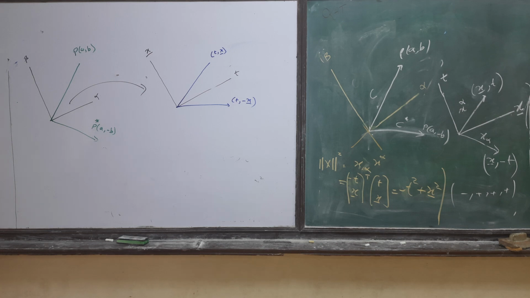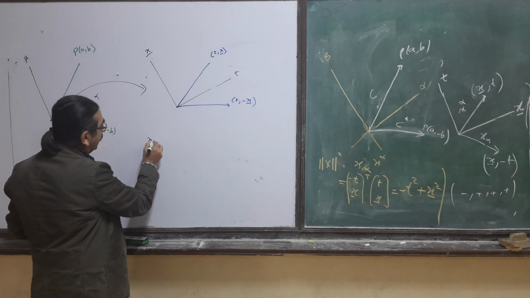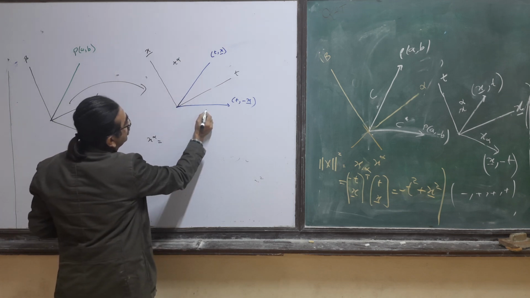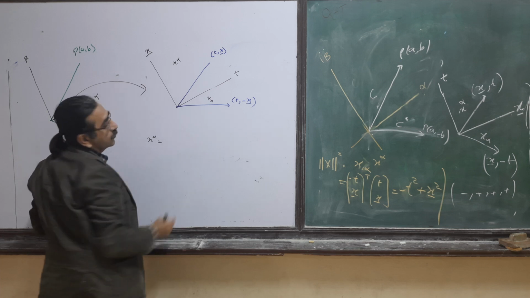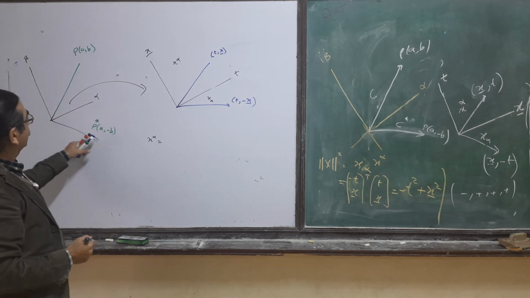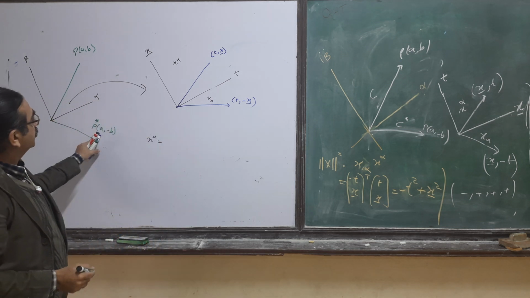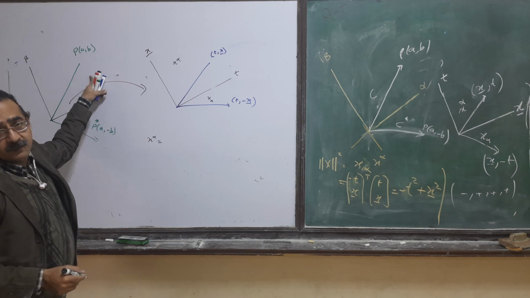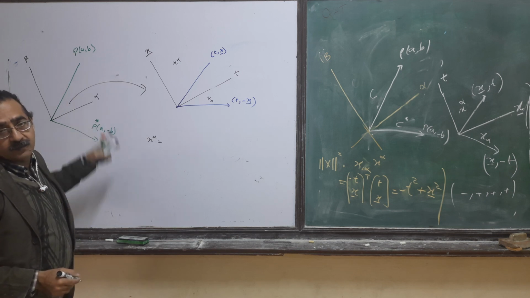You may say that X alpha is the contravariant plane, and this is the covariant plane. Covariant is representing the complex conjugate, and that will be representing the contravariant. Okay.